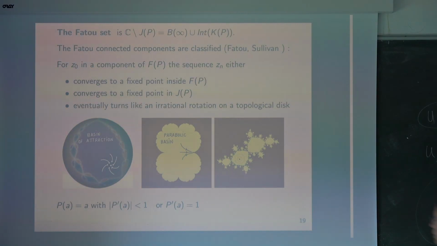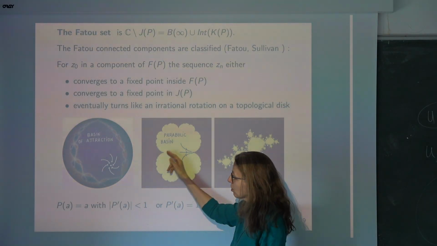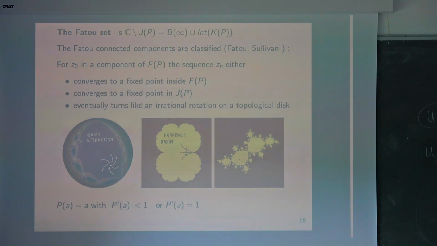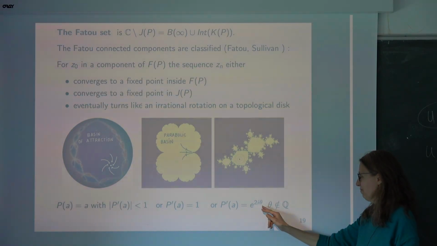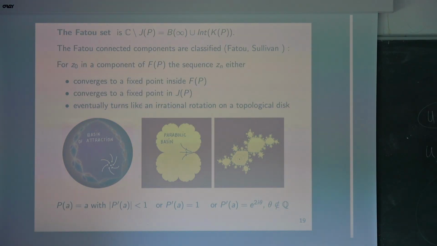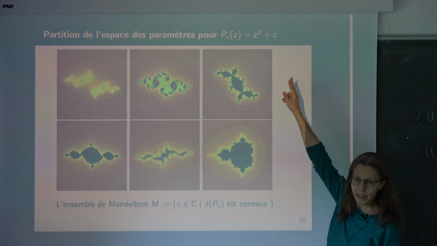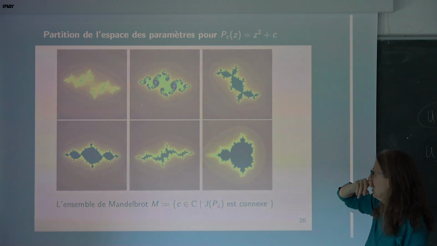In each case you have a fixed point, with derivative exactly 1, and here you have a derivative which is not rational. You can see all this when you change the value of c in z squared plus c, all this picture.